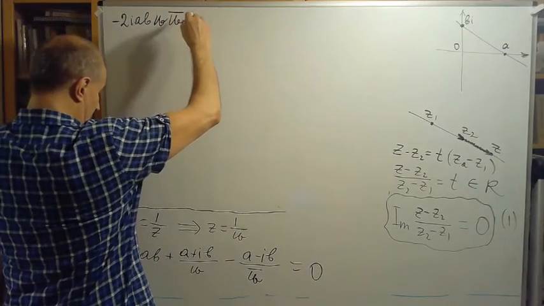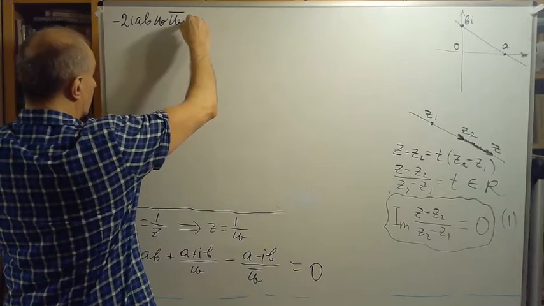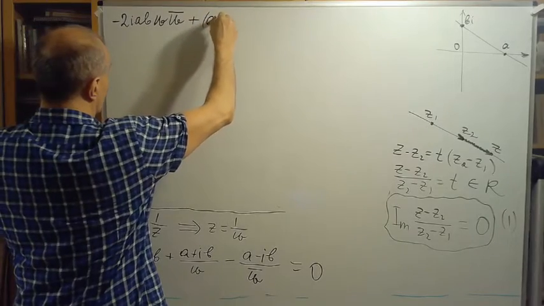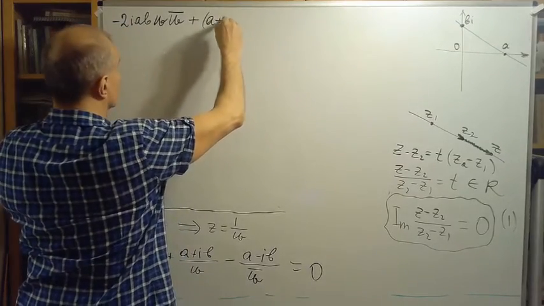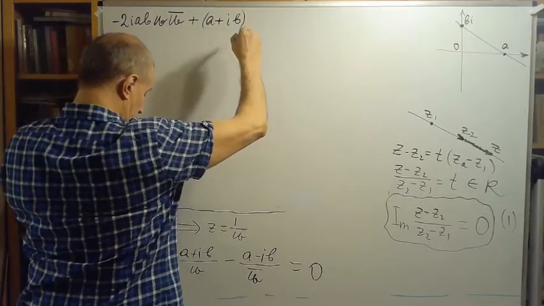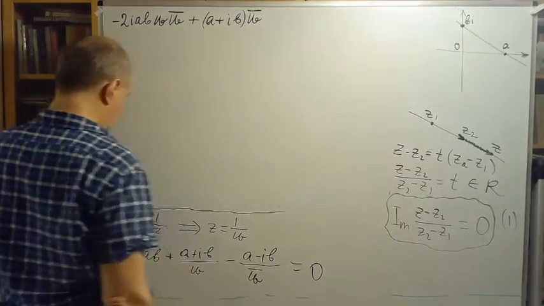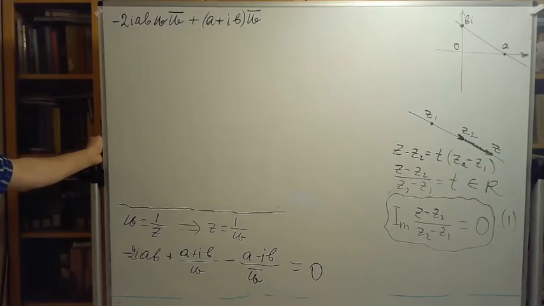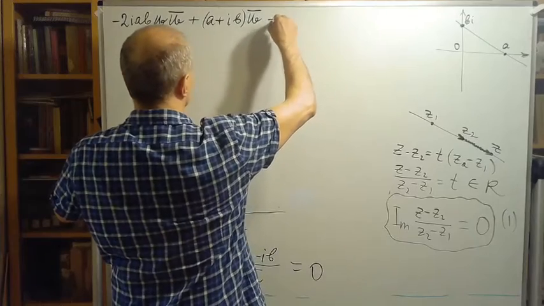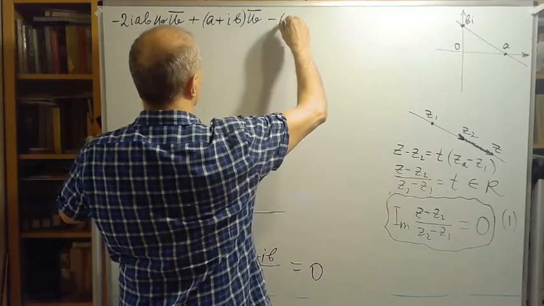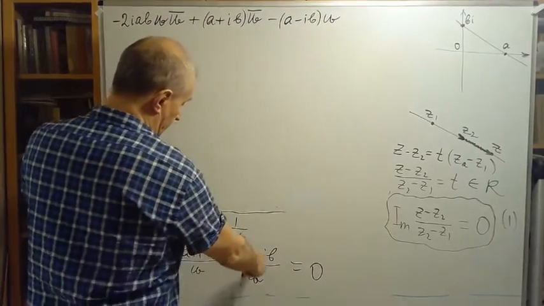W conjugate plus a plus ib W conjugate and minus a minus ib W. That's what we get from this term.